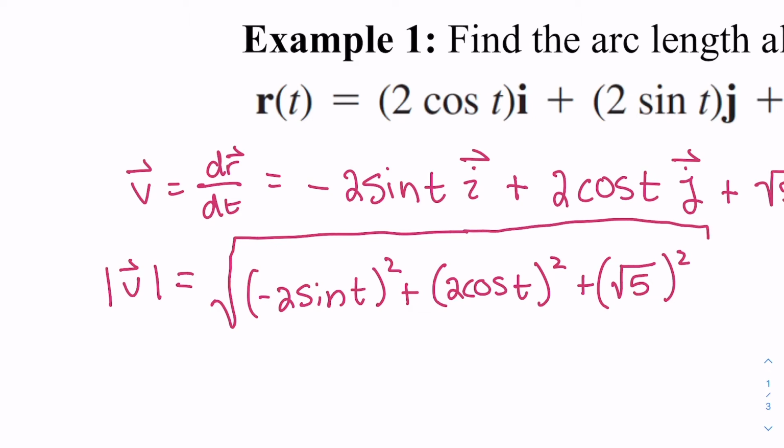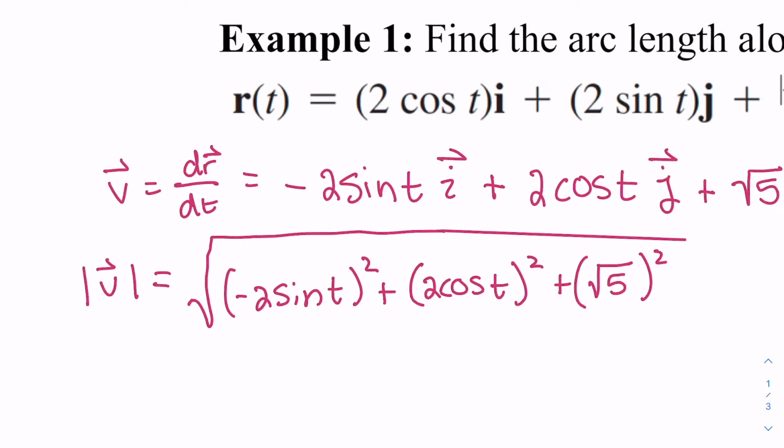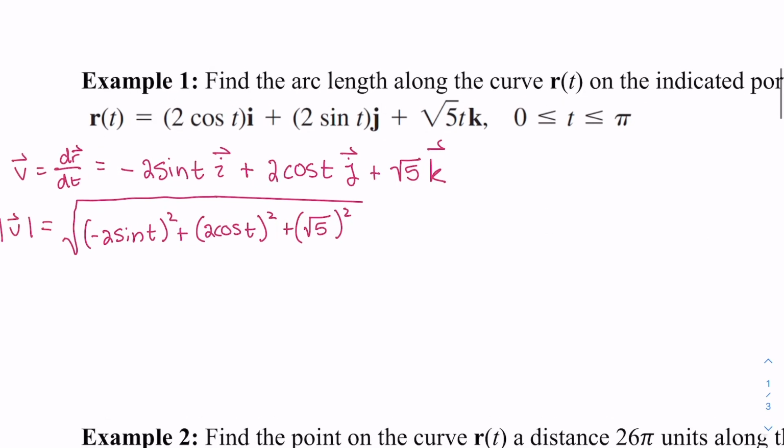Because we have sines and cosines here, you might already be able to predict that we're going to be able to use that Pythagorean identity to simplify it to sine squared plus cosine squared. So let's simplify under the radical. That'll give us 4 sine squared t plus 4 cosine squared t plus 5.